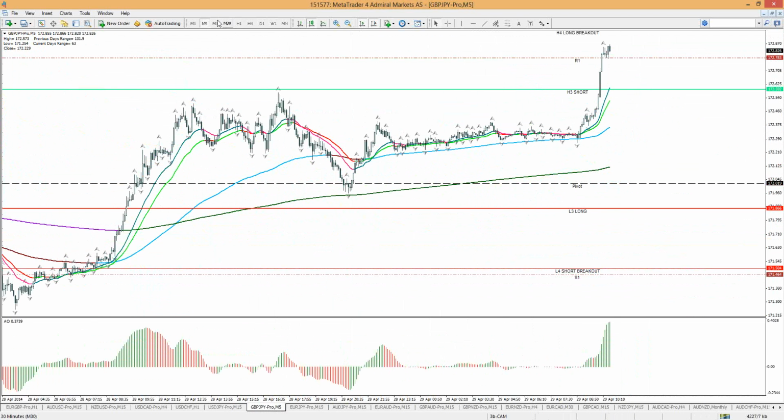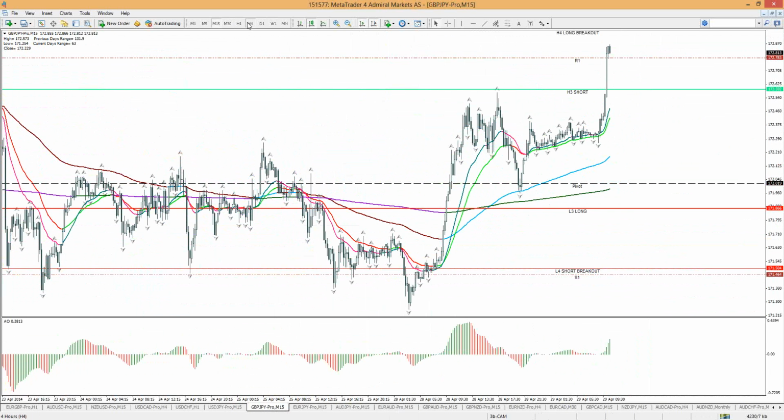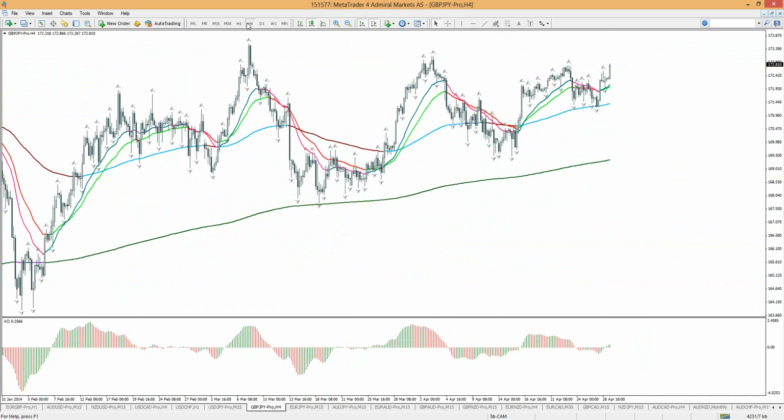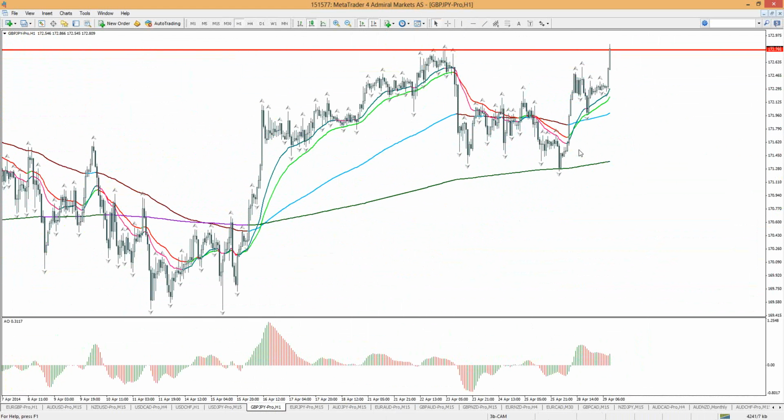Pound yen. Well, it is pushing up, but it's quite close to resistances like this, which makes it a bit awkward to trade, unless you're trading a pullback, and either you took the pullback here, I guess, or it doesn't seem to be that interesting at the moment.